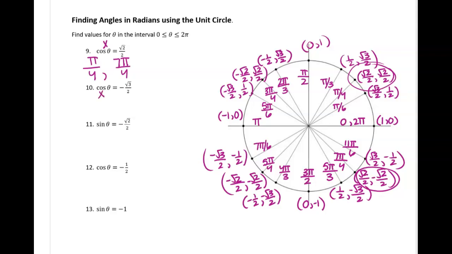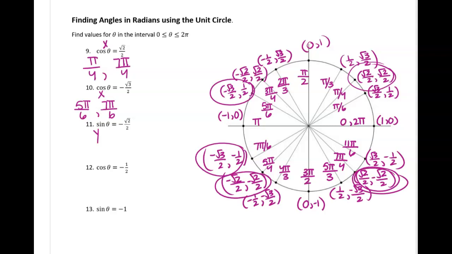When is the x value negative √3/2? Looks to be 5 pi over 6 and 7 pi over 6. When is the y value negative √2/2? Appears to be 5 pi over 4 and 7 pi over 4.